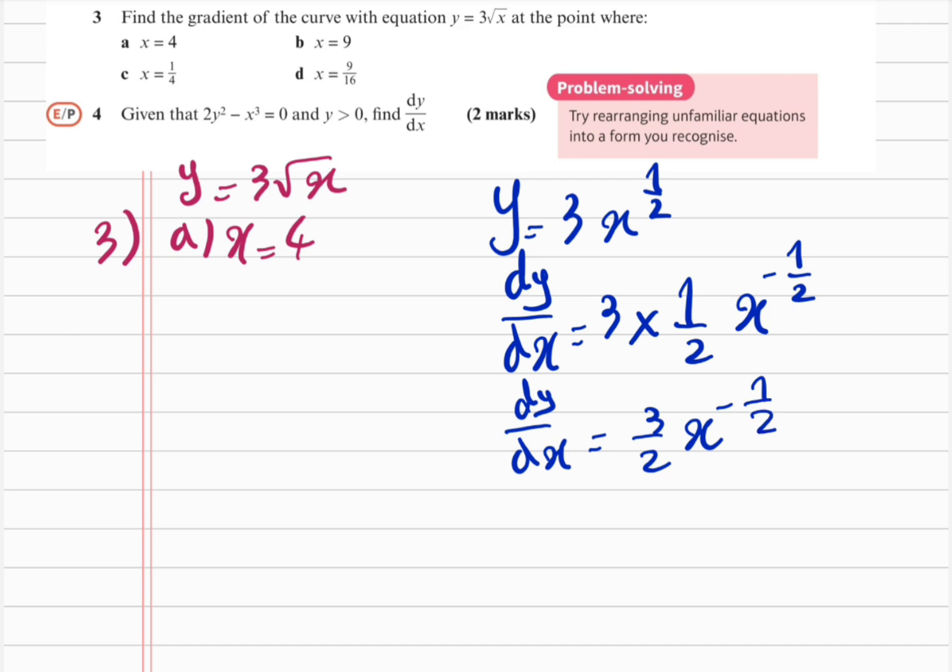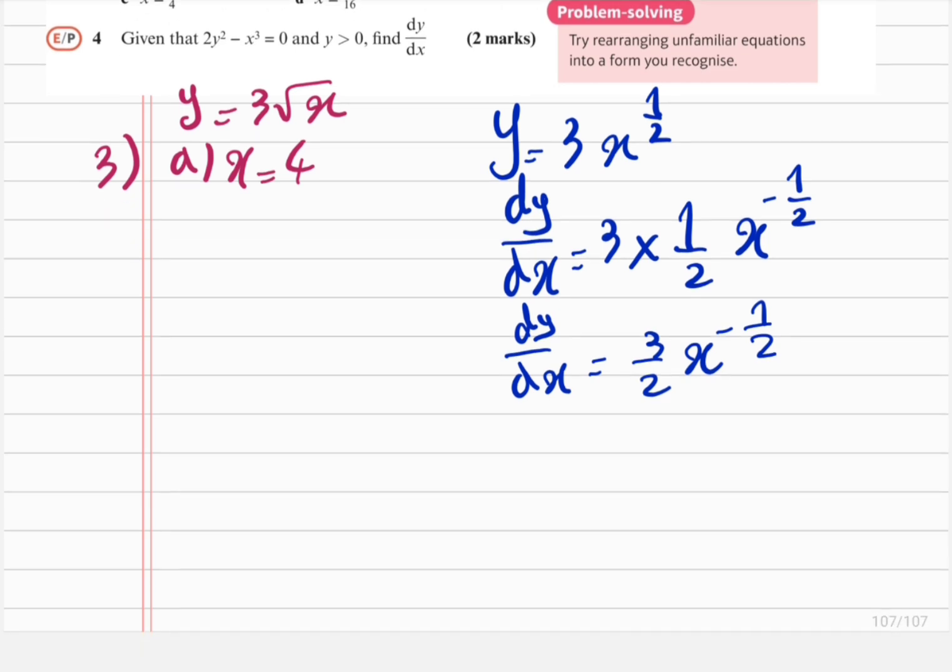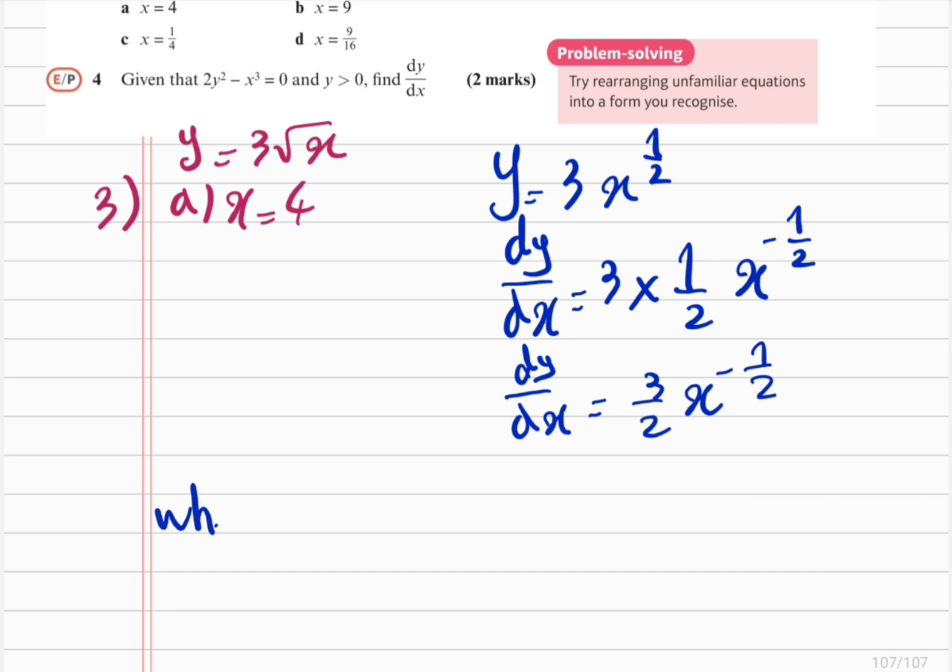Okay, now that we have the derivative, we can then find the gradient at the point x is equal to 4. All we need to do is substitute 4 into dy by dx, and that gives us the gradient. So when x is equal to 4, then dy by dx is equal to 3 over 2 times... now I'm going to write x to the power of minus a half in a nicer form, although it's not necessary because we can use a calculator anyway.